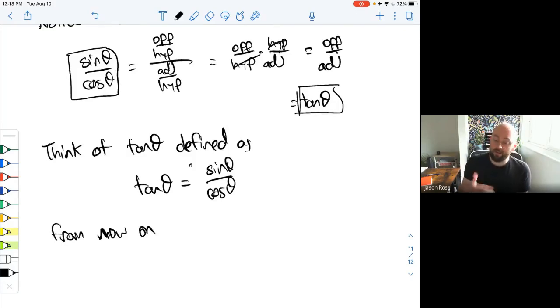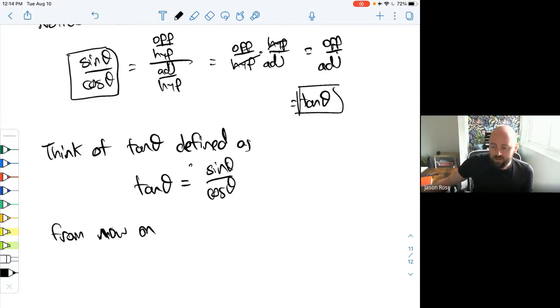Of course, if I ask you a question where we're living inside that little right angle triangle, and you have to do some little calculation in there, it's going to be more convenient to think of it as opposite over adjacent, but more generally in trigonometry, tan is defined as sine over cosine, okay?